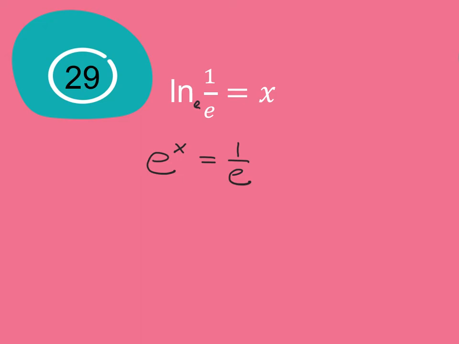So we're going from BAE to BEA. Now I'm going back to my 5-1 skills. I need to make the bases the same. So 1 over e is going to become e to the negative 1. My bases are the same. Get rid of the e's, and my answer is x equals negative 1.